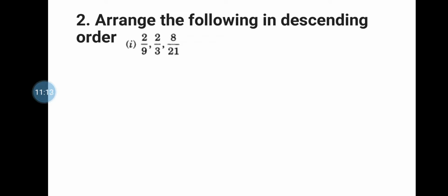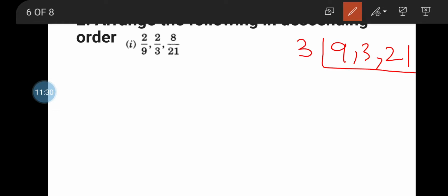Okay. So we have to take the LCM of these denominators. So 9, comma 3, comma 21, you have to take the LCM. Okay. So first I will divide by 3. So 9 divided by 3 will give you 3 here, and 3 by 3 is 1, and 21 by 3 is 7.